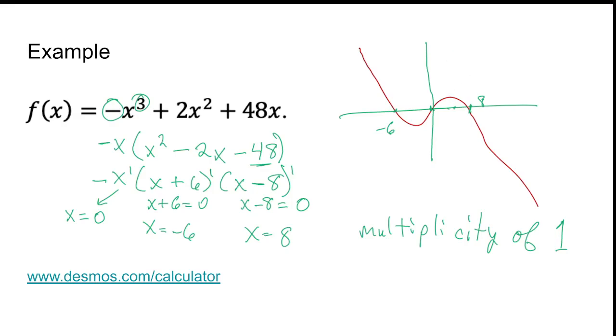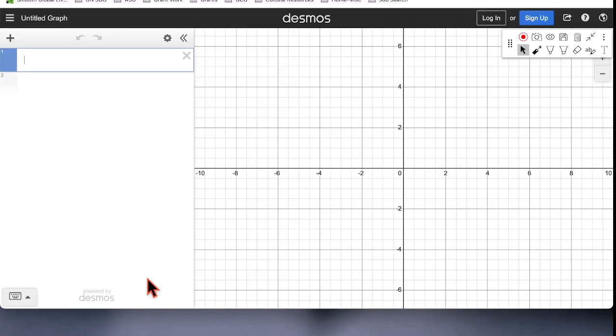Now it's pretty accurate, and it should look a lot like this: passing through a 0 at negative 6, through the origin, passing through 8, and going down that way. And again, we can verify this with the Desmos calculator. If you want to keep moving ahead, do the Desmos calculator first. However, do come back and see why it looks the way it looks.